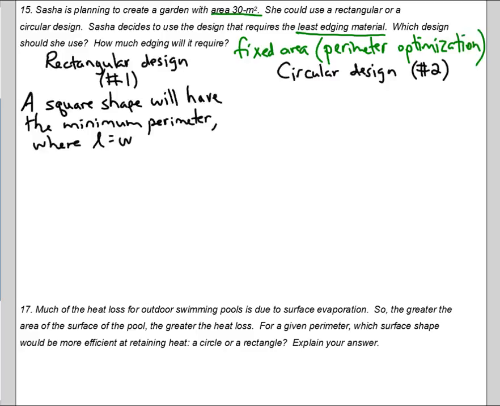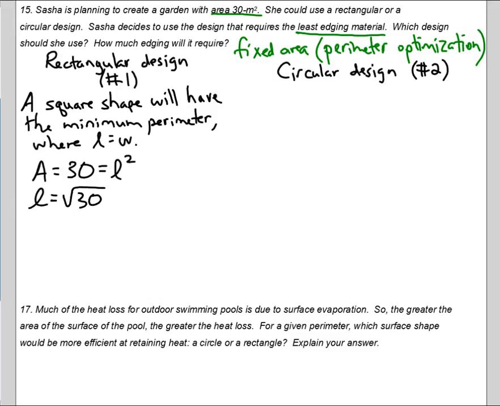Okay, in this setup, I'm going to have two design patterns, number 1 and number 2. Again, the statement of fact is that a square shape will have the minimum perimeter, so length will be equal to the width. From that, I can solve for the length. I know that the area is 30 square meters. That will be equal to L squared. If I'm looking for L, then I would take the square root of both sides.